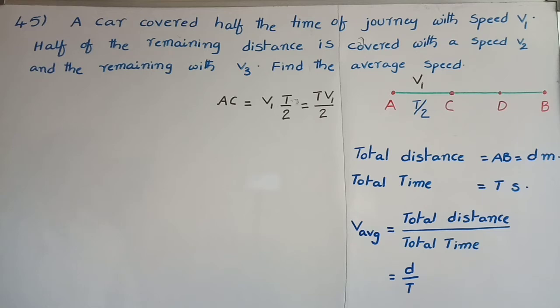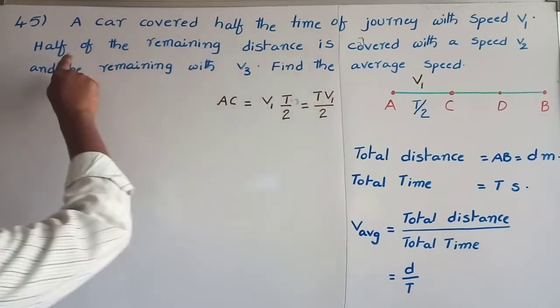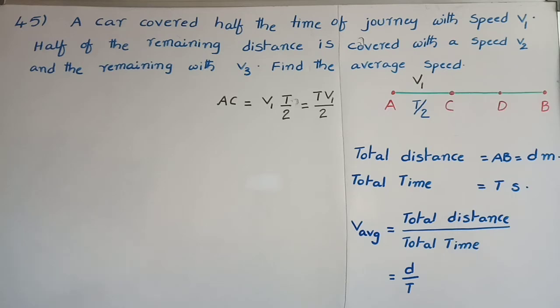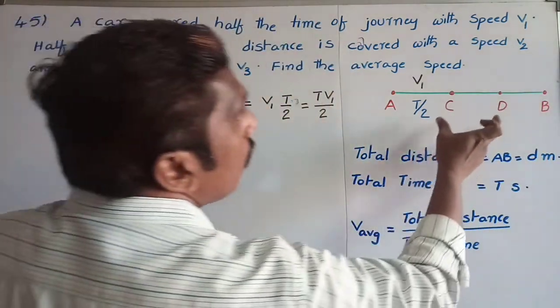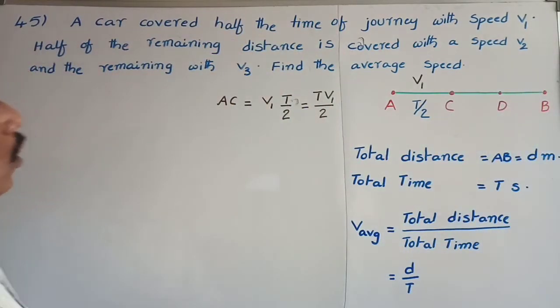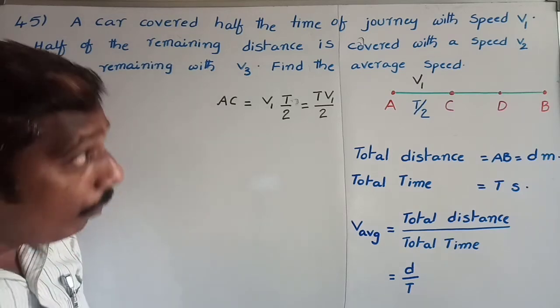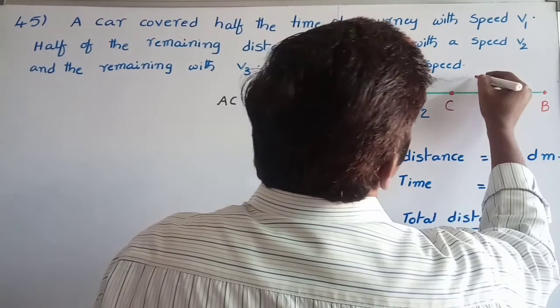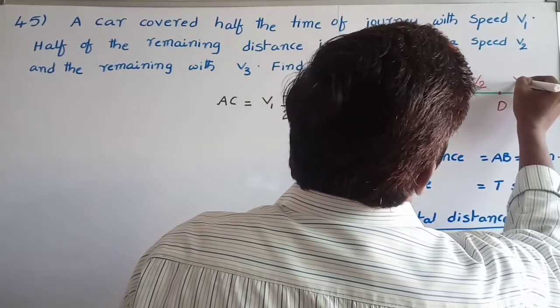Next, the remaining distance is taken as CB. In the remaining distance, half of it is taken as CD and the remaining half is taken as DB. The first half of the distance is covered with a speed of v2 and the remaining distance is covered with a speed of v3.